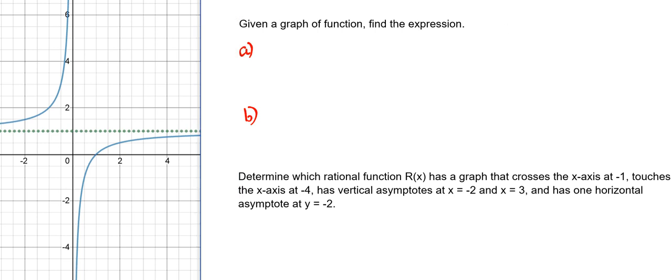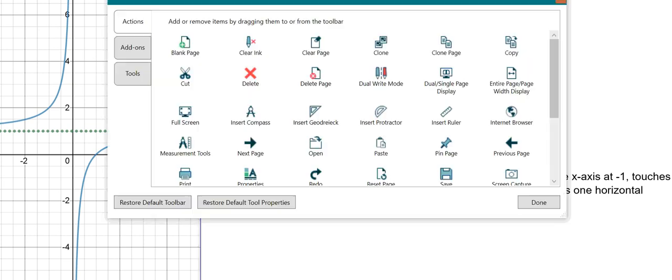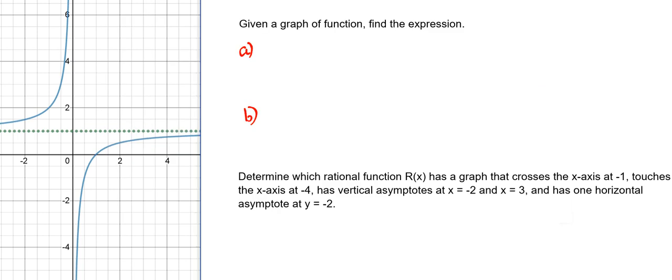Let me use the pencil. Click on that. Okay, so the pencil shows up.